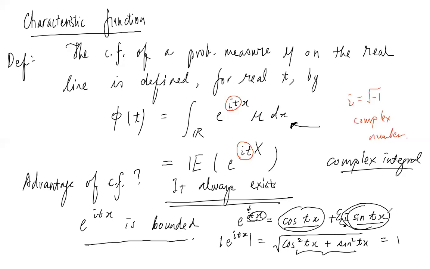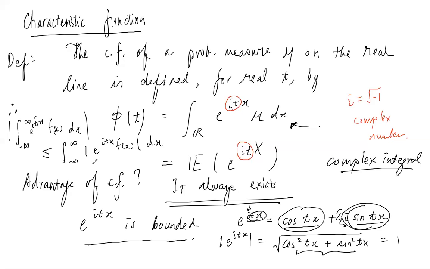Therefore, the absolute value of the integral of e to the itx f(x) dx is bounded by the integral of the absolute value of e to the itx times f(x) dx.